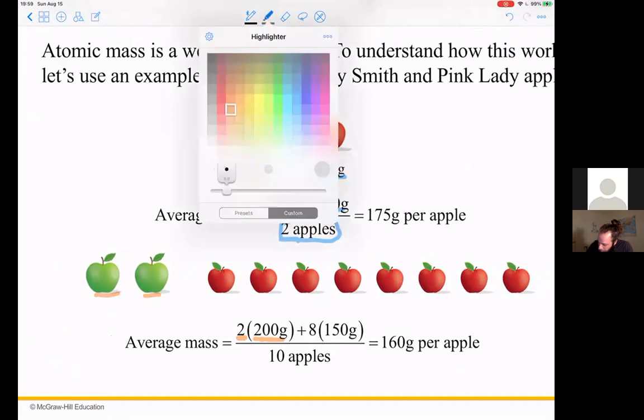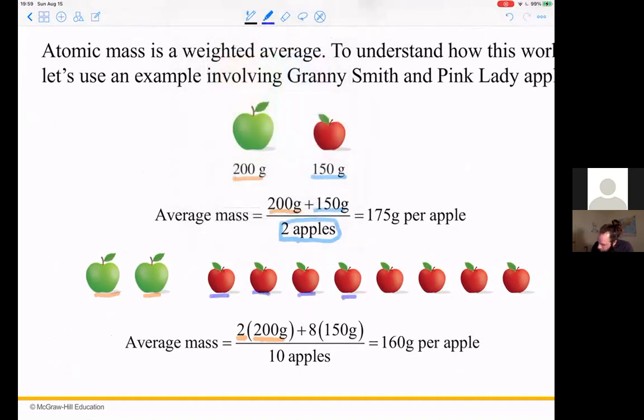And then I have a full 1, 2, 3, 4, 5, 6, 7, 8 that are those smaller 150 gram apples. So then I would take 2 times 200, add 8 times 150, and then divide that all by 10, and I now get 160 per apple. Which is different than what I got above, because above they were equal.